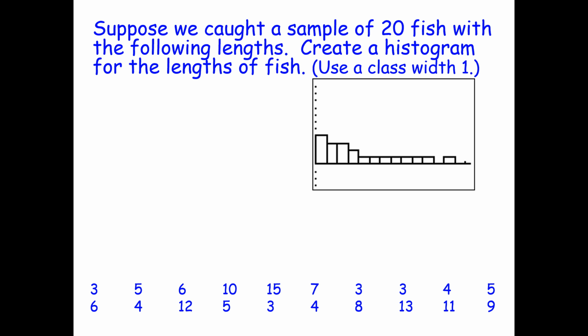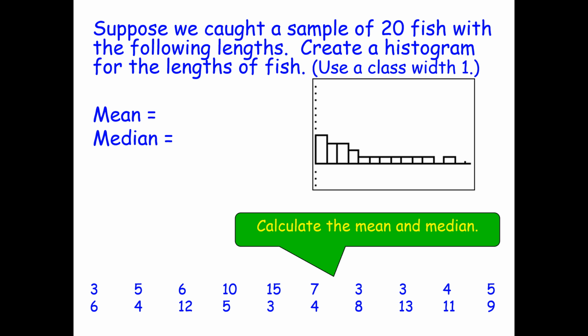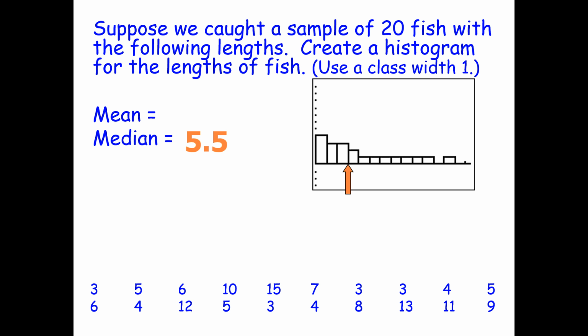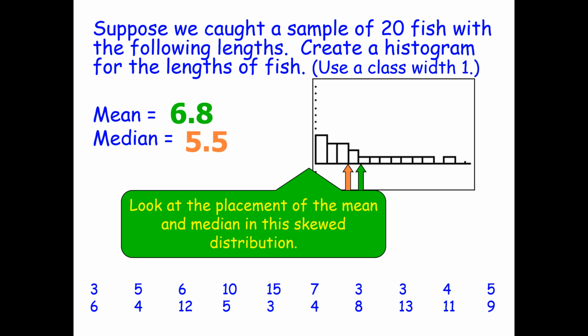So here we have our histogram, and we're going to calculate the mean and the median values here. Here we see that we have a median of 5.5, and we have a mean value of 6.8. Look at the placement of the mean and the median in this skewed distribution. They're no longer together.